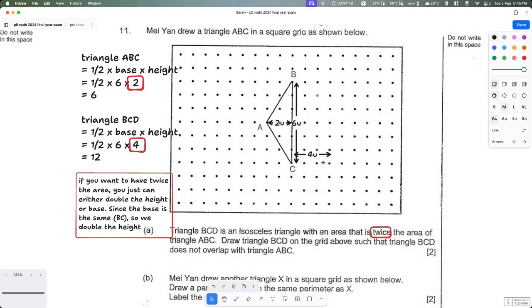To make the new point, from here, 1, 2, 3, 4. Let me put a circle over here so it's easier to see. So now C and D is like this, in black, and the same goes for here as well. There you go. That's the answer.